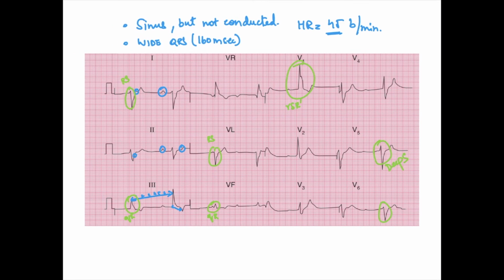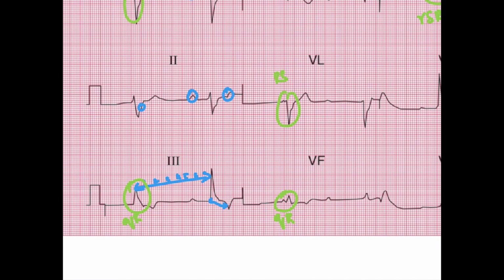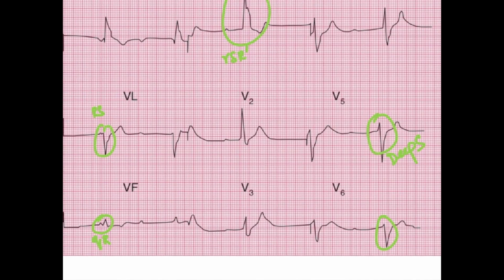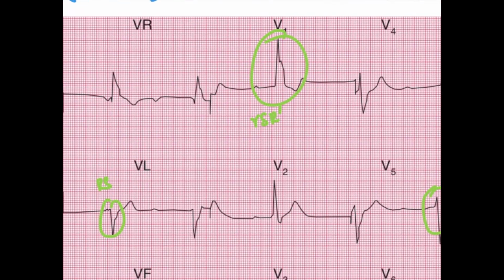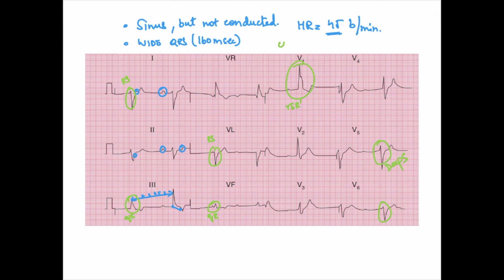So we have found an RS pattern in lead 1 and AVL, a QR pattern in lead 3 and AVF, a deep S wave in the lateral leads V5 and V6, and a kind of M pattern, RSR pattern, in chest lead V1. So this tells you about a right bundle branch block with a complete heart block. Actually, complete heart block with right bundle branch block signs.